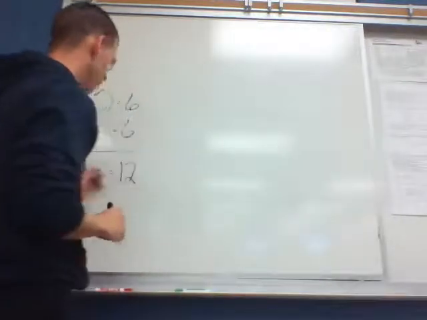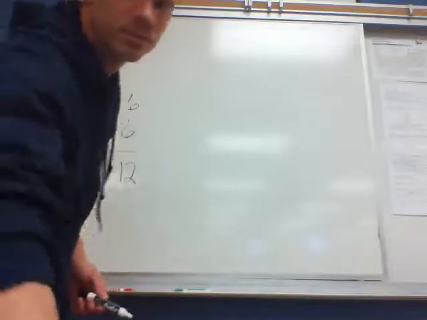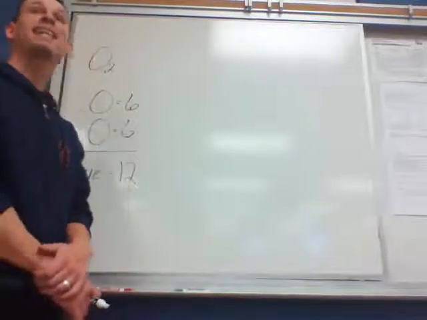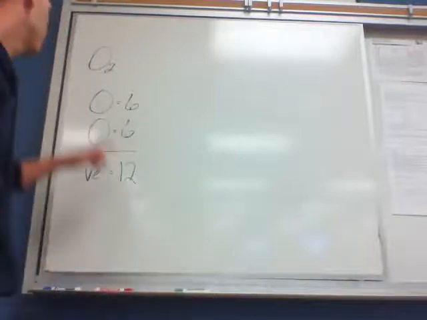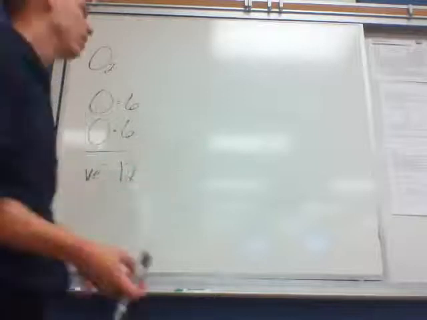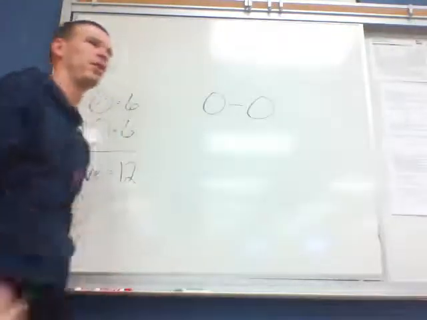Well, there's a different number. Pick a central atom. Well, there's only 2 things here. You can't put something in the middle when you only have 2 items. So I'm just going to bond them together. There they are. There's my 2 oxygens.